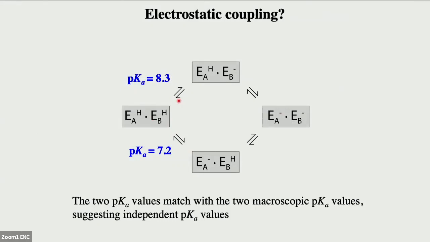So they're not coupled. So it's really proceeding through this bottom pathway where we deprotonate, we create this asymmetrically protonated state where monomer A is deprotonated and monomer B is protonated. And then the second pK of 8.4 that was measured from that macroscopic pK measurement corresponds with the second deprotonation.